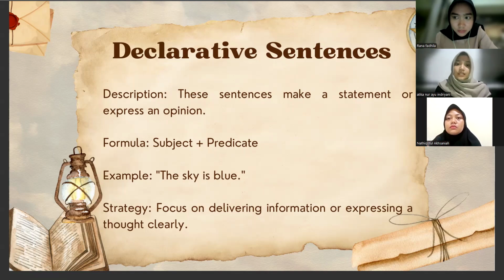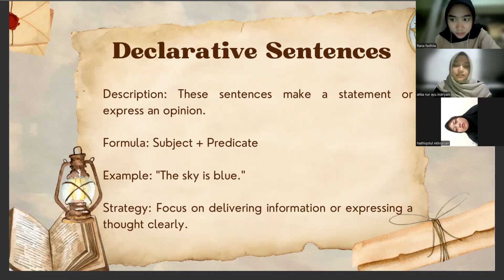For example, the sky is blue. The sky is the subject of the sentence. This part identifies what we are talking about. Number 2, is blue, is the predicate of the sentence. The predicate provides information about the subject.